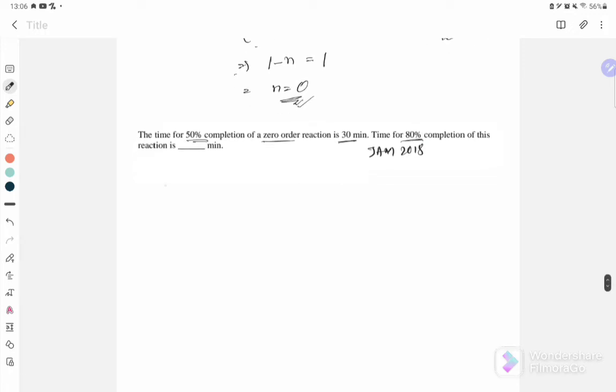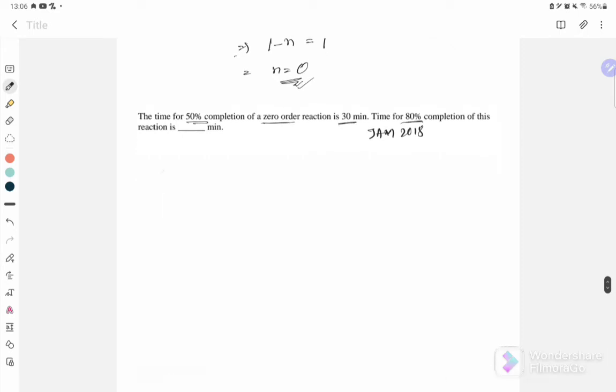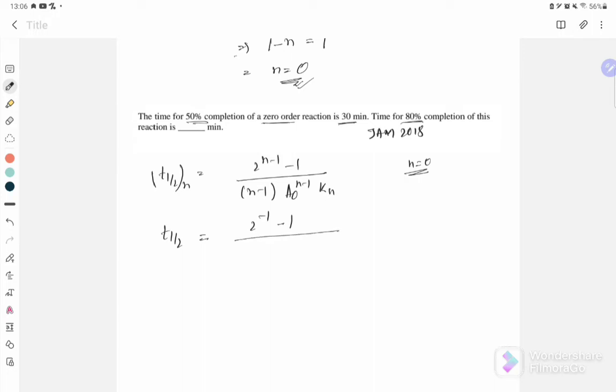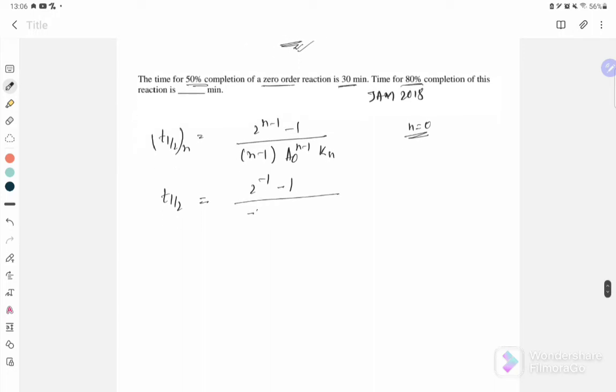A general formula for t half for nth order is 2 to the power n minus 1 by n minus 1, a0 to the power n minus 1, kn. If n is equal to 0, then t half for a zeroth order reaction will be 2 to the minus 1 by minus 1, a0 to the power minus 1, k0.